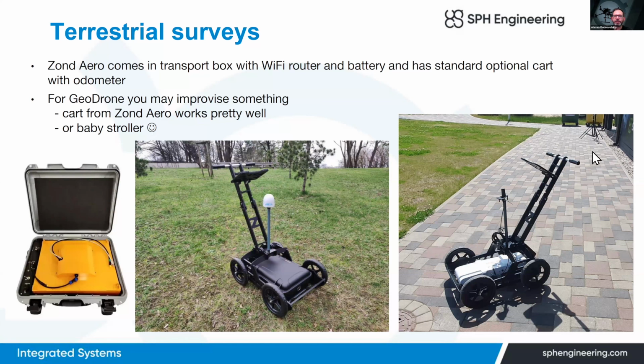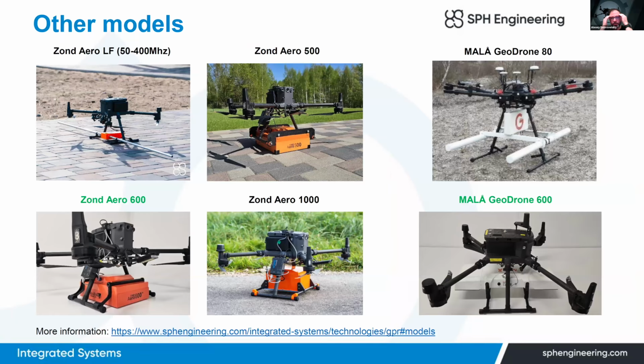Comparison with other models. For the Zond Aero product lines, Radar Systems manufactures, and we integrate with drones and supply, a range of GPRs which cover almost all possible airborne GPRs.